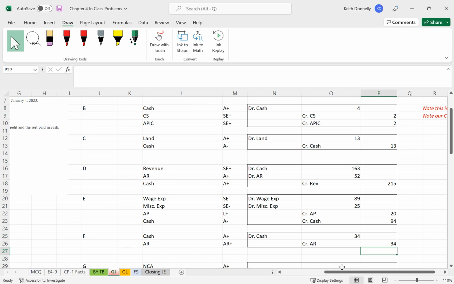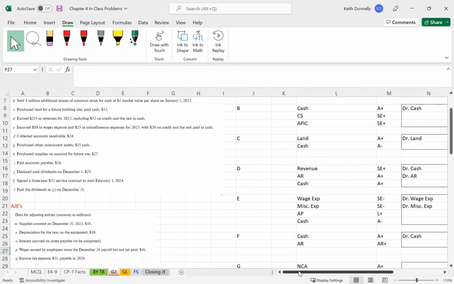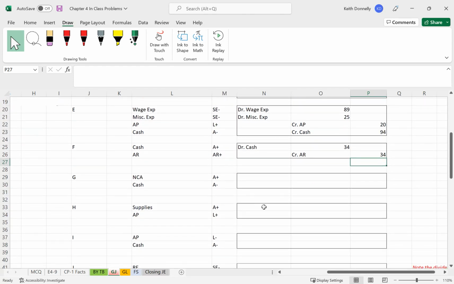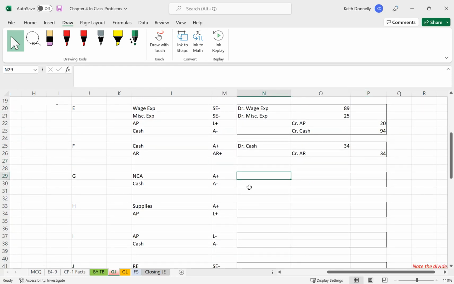Let's look at G. Purchased other non-current assets for $15 cash. Okay, so we're going to debit other non-current assets, credit cash for 15. Okay?